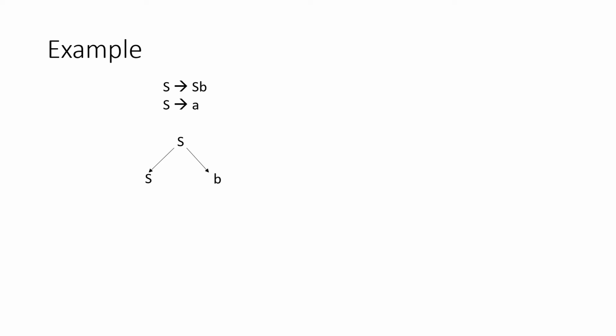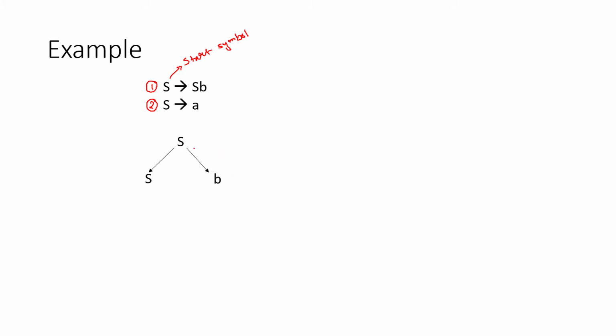So if I assume that, for example, this is rule number 1 and this is rule number 2, and this S is the start symbol, then using rule number 1 the first time, I can write capital S as a combination of S and B as I have written over here.